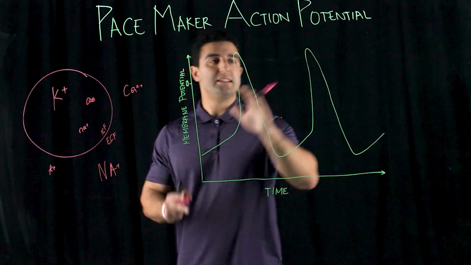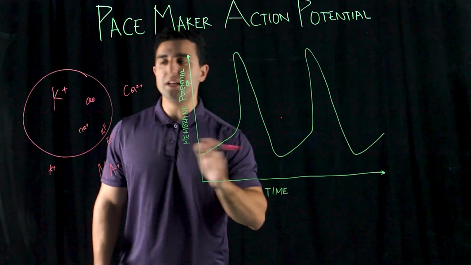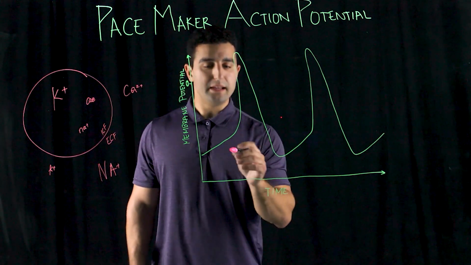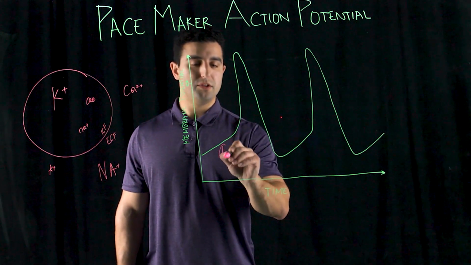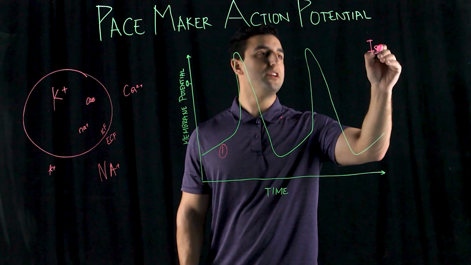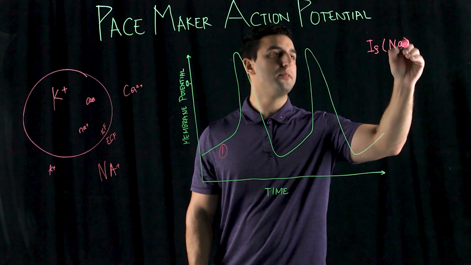And so this specific graph is showing you again the changes in the gradient of what's happening. All right, so you begin here at number 1. At number 1, there are these specialized channels called the If, the funny channels. These also are another form of sodium channels, right?